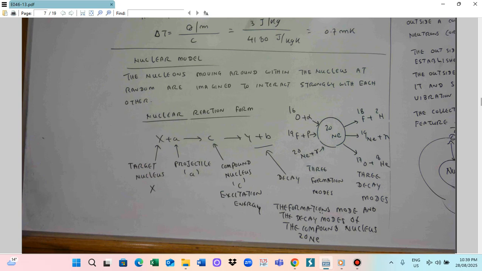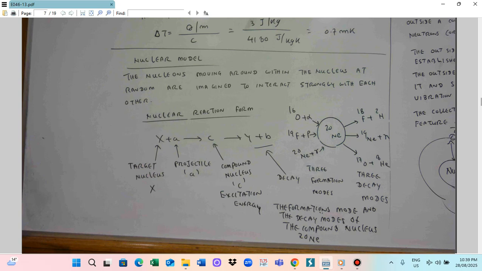Based on this formula, we can study neon-20 nuclei. Neon-20 can be formed by combining oxygen-16 plus an alpha particle, fluorine-19 plus a proton, and neon-19 plus a neutron, or neon-20 plus a gamma ray.